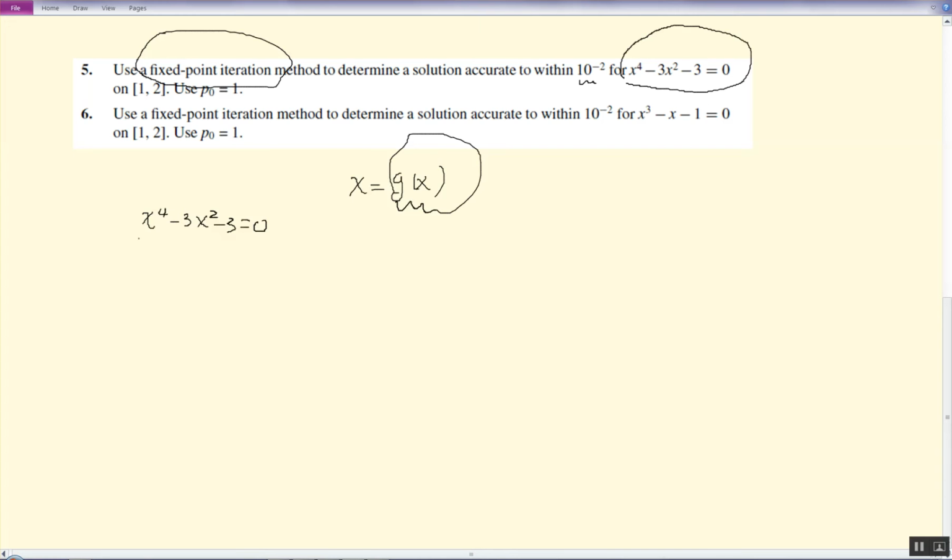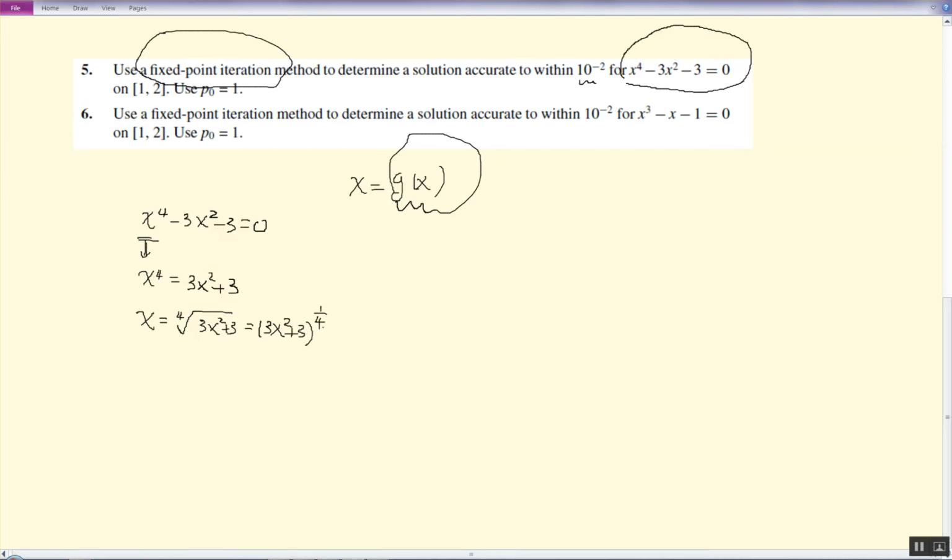One quick way to do it is maybe leave this x to the fourth on one side and move all the other terms to the other side, right? And then take the fourth root. So this is what I have, 3x squared plus 3, and then take the fourth root, which is the same as saying this guy raised to the power 1/4.